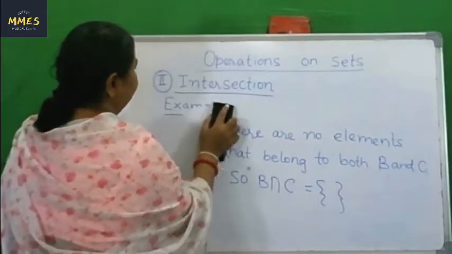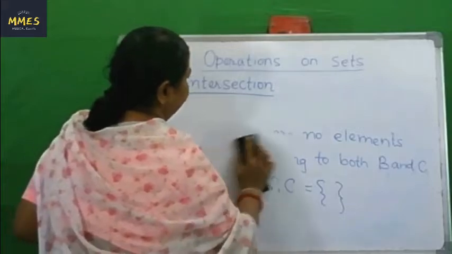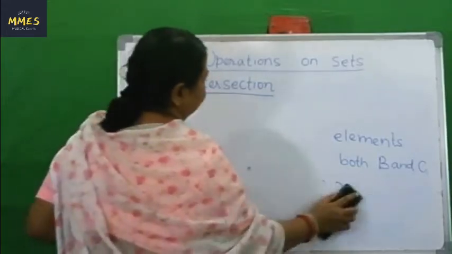Now let us see the illustration of intersection by using Venn diagrams.